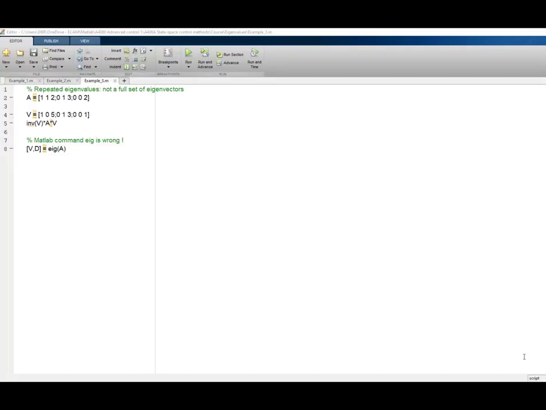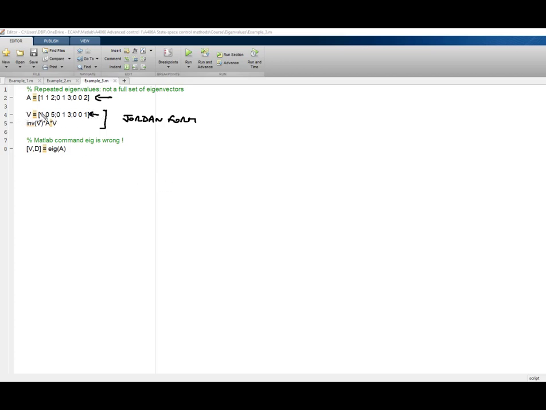So let's check this third example in MATLAB Simulink. This is the matrix that we have considered here, and we have seen that it's not possible to diagonalize it. It is, however, possible to bring it into the Jordan form using an adequate similarity transformation that is given here.